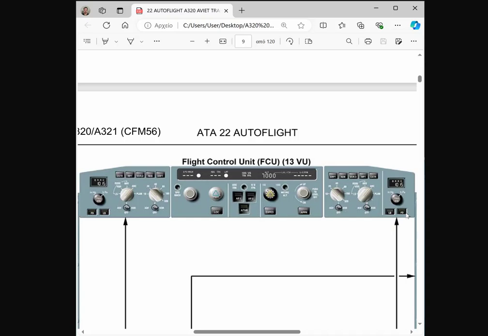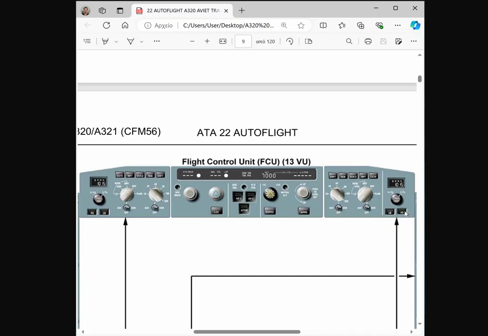No, sir, it cannot command the aircraft. What does it show you? It's only an indication. It shows you the command calculated by the FMGC.